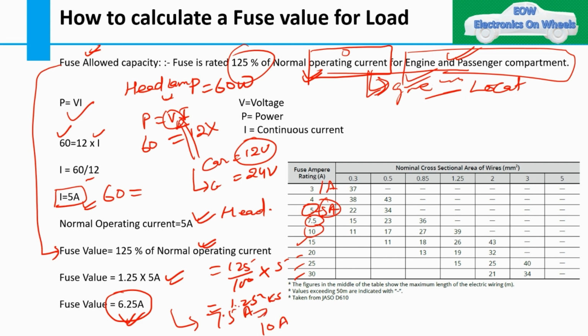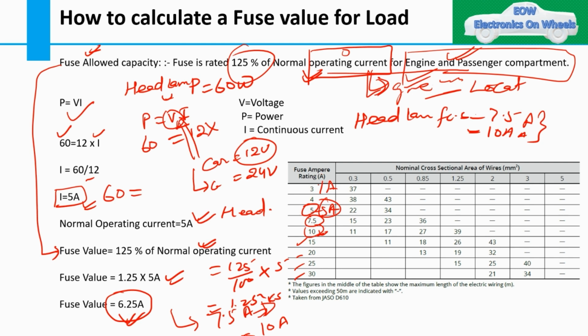Mostly we are not using 7.5 because of the availability of the fuse, but however we can use 7.5. Mostly we go with the 10 amp fuse. So for the headlamp we can use a 7.5 or 10 amp fuse. These two fuses we can use.